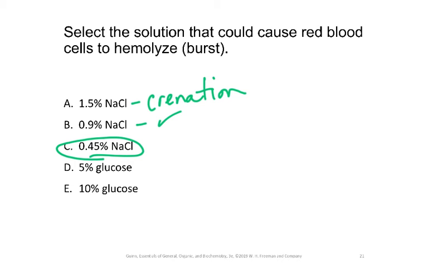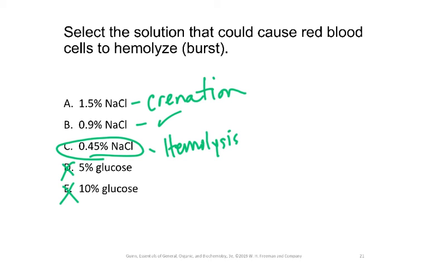That's isotonic and everything is fine, right? This hypotonic again would be hemolysis. And then glucose. Well, glucose is important, but that's a whole other story, right? And so that's not part of this. So low hypotonic solution causes hemolysis.